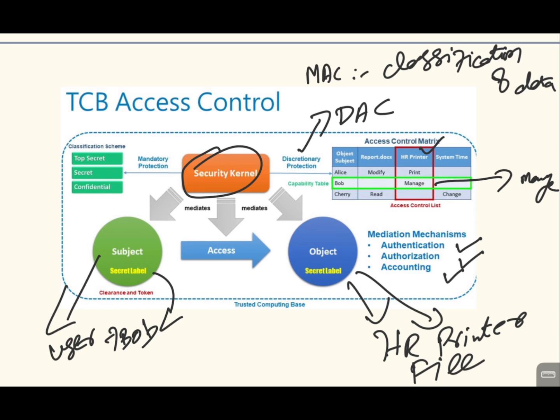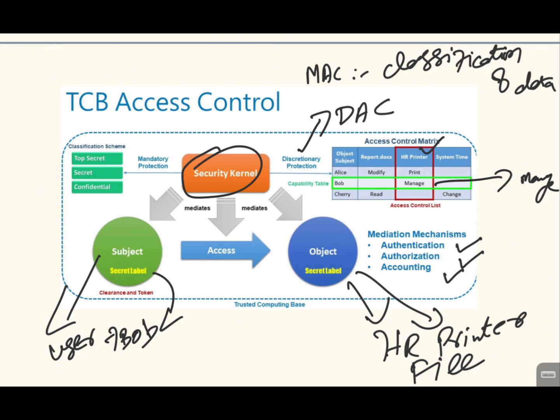Unlike MAC, mandatory access control, where access is enforced based on security labels, DAC allows the administrator to override and grant additional permission. This is represented in the access control matrix in the diagram, where Bob was assigned manage rights to the HR printer by an admin.